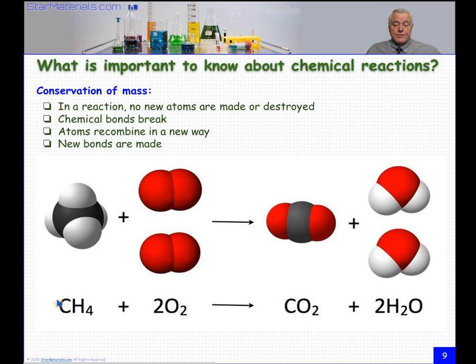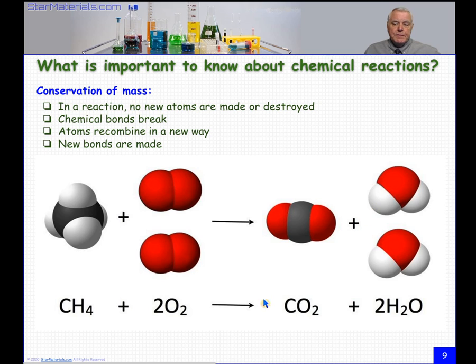Remember I said if there's no large number out in front, the number is 1. So we have 1 molecule of CH4. We have 2 molecules of O2, 1, 2. After the reaction, we have, remember, 1 CO2 and 2 H2O, 1, 2.